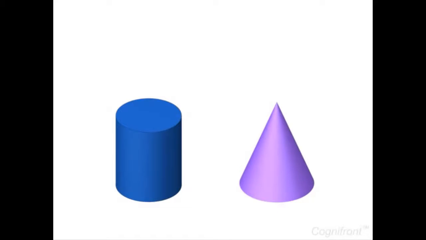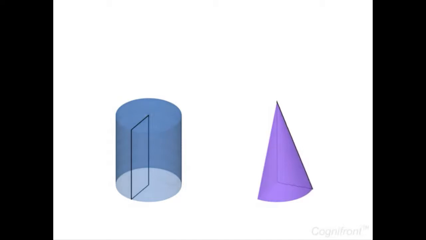A cylinder is a solid of revolution obtained when a rectangle is revolved about one of its sides. A cone is generated by revolution of a right-angled triangle, having a circular base and a vertex.